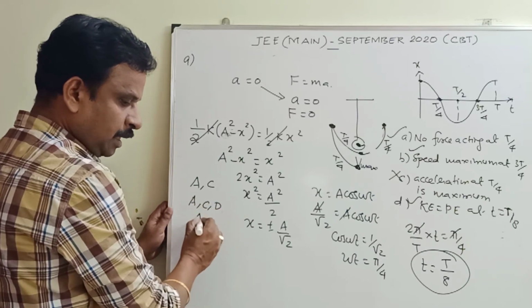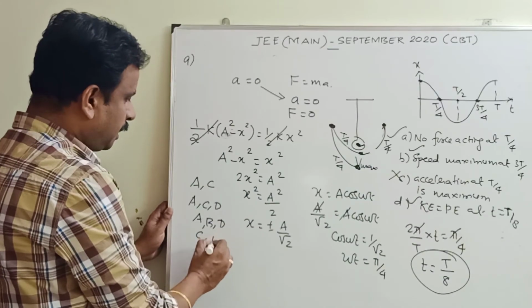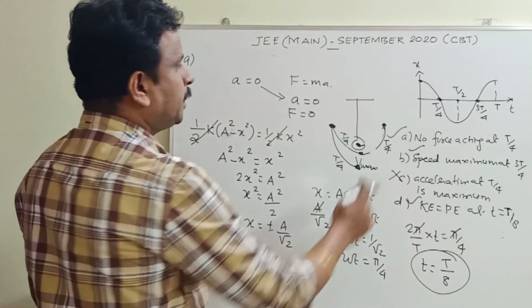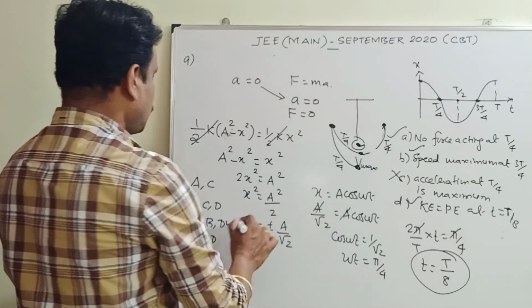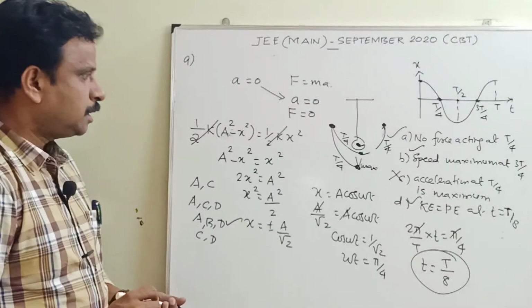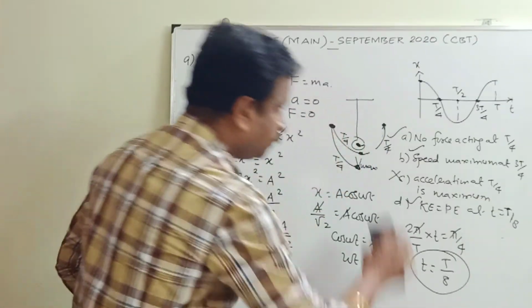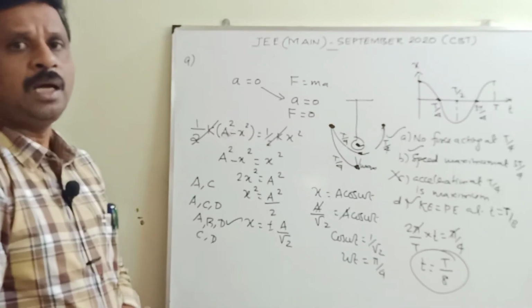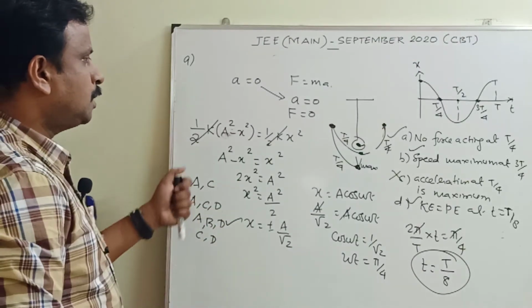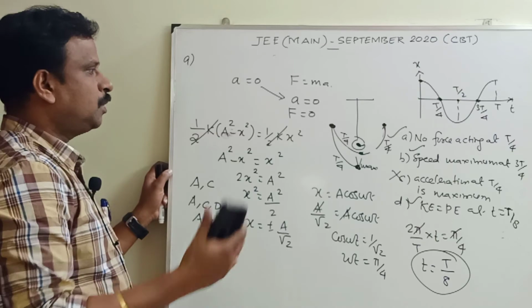Third option A, B and D correct. Fourth option is C and D correct. So for us A, B and D correct. So the third choice is the correct option. Third option is the correct solution for this problem. So we have to check each and every statement, and finally we have to choose the result. So this is a very time expensive problem, so we have to do it very quickly.